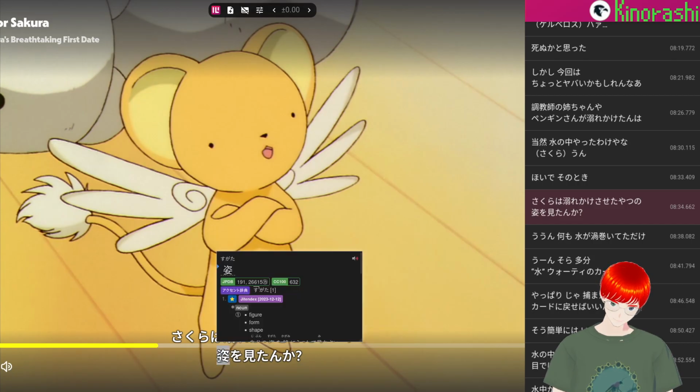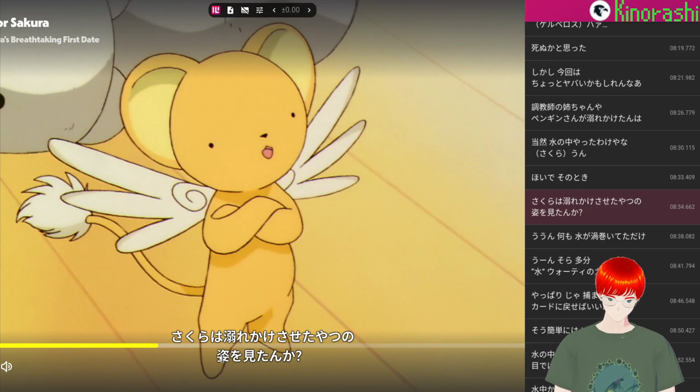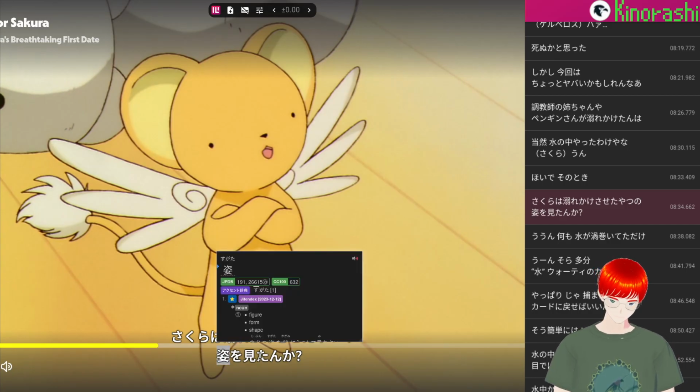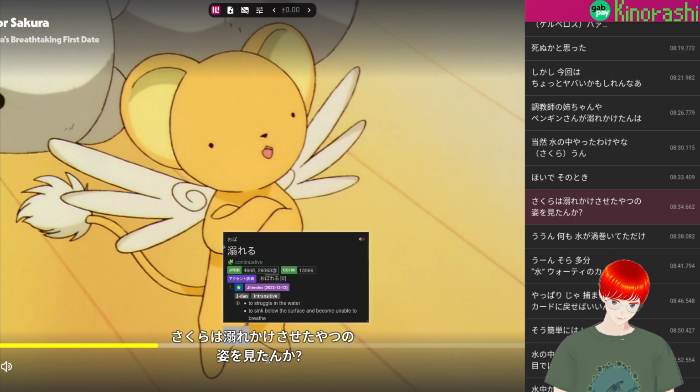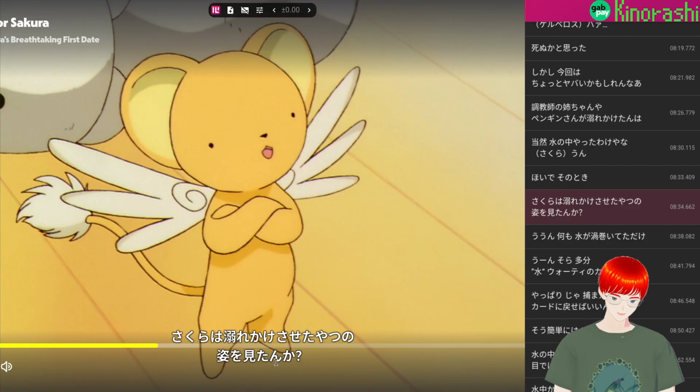Yatsu no sugata o mitanka. So Sakura wa obore kake saseta yatsu no sugata o mitanka.